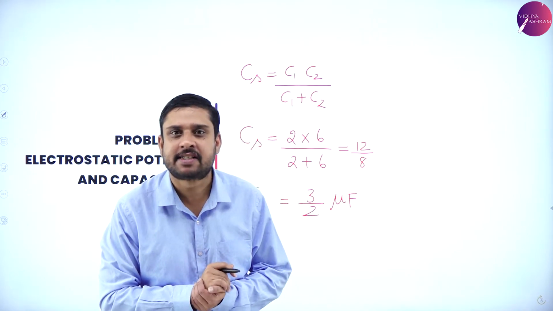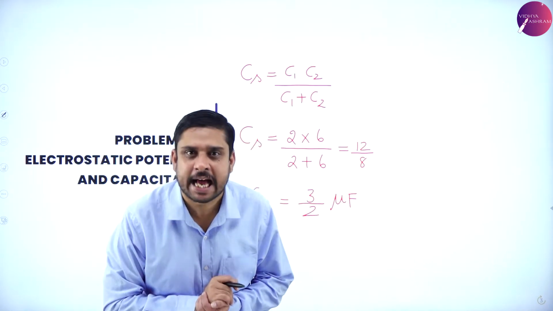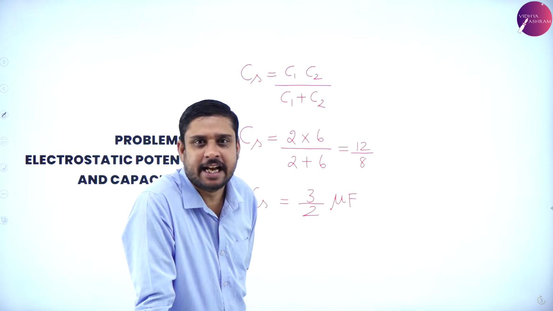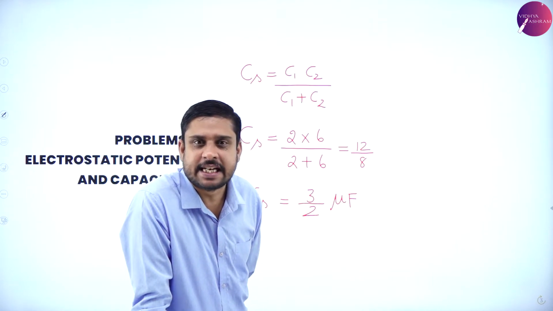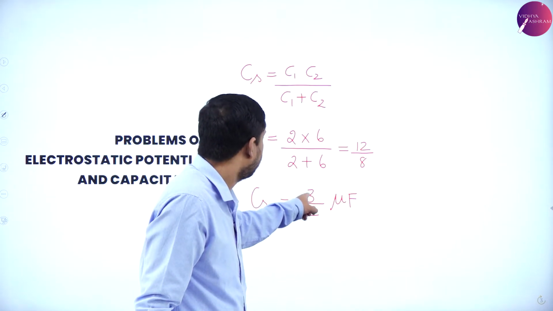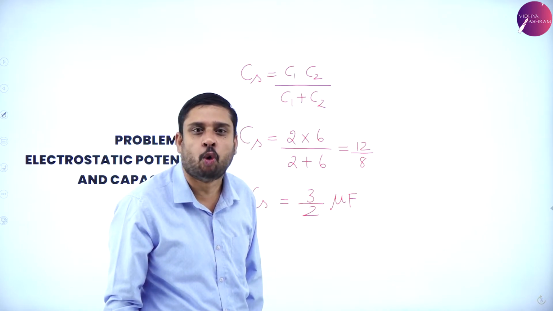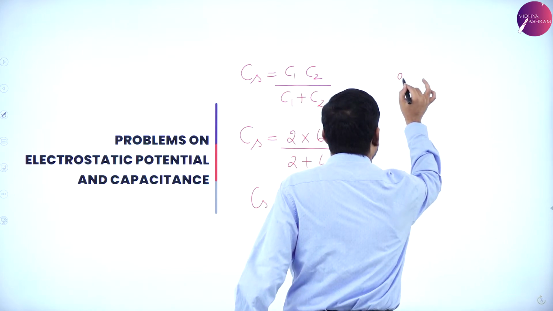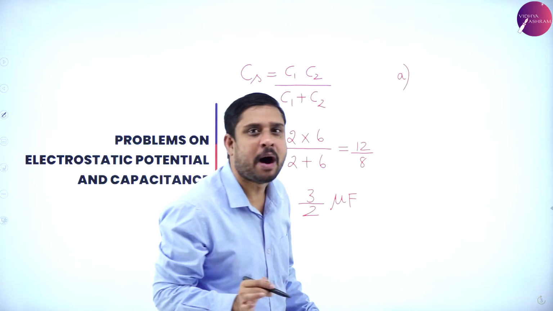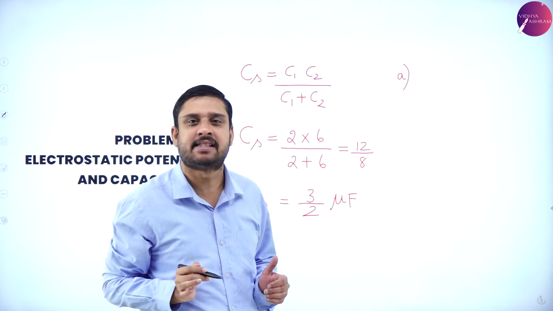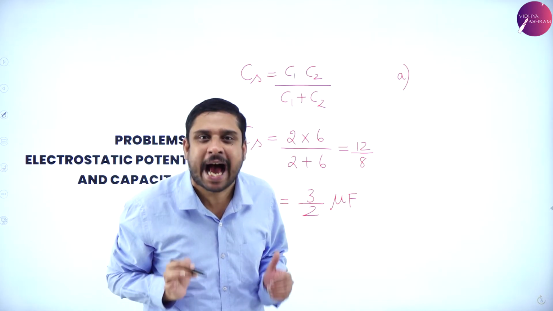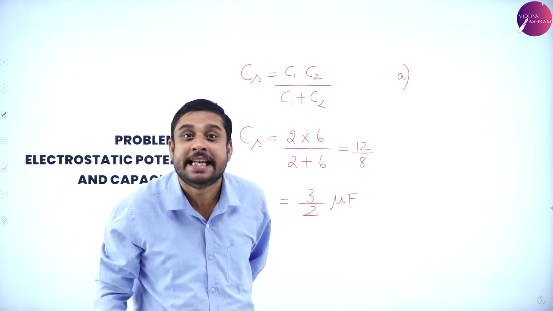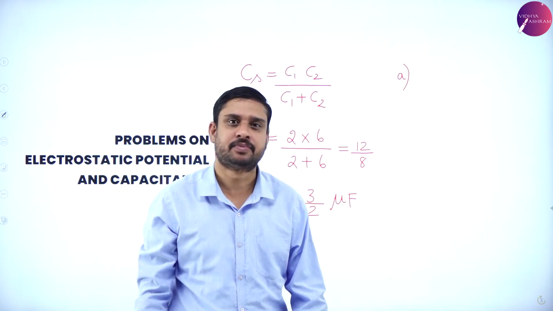So as the first step of calculation, I have calculated the equivalent capacitance, which is 3 by 2 microfarad. Now, the first part of the question says to calculate the charge on each capacitor.